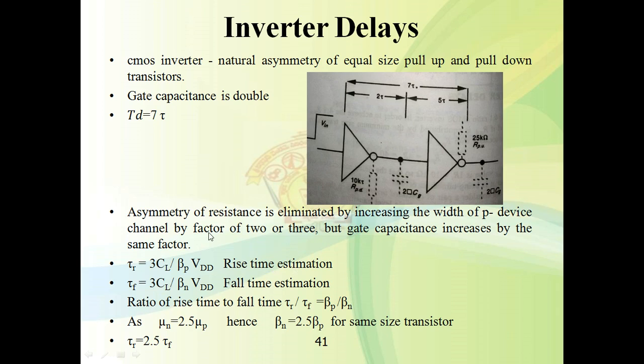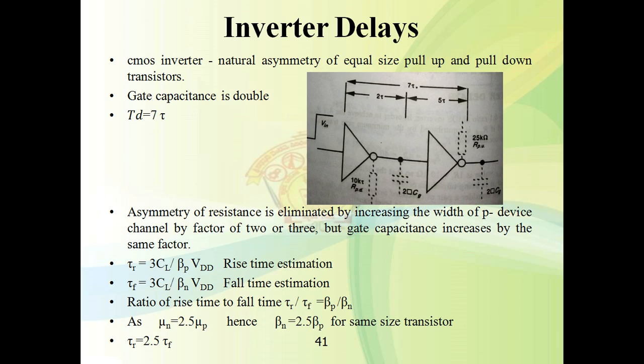So here the asymmetry is eliminated by increasing the width of the p-type device channel by a factor of 2.5 times, or 2 to 3 times. But as we increase the width, the gate capacitance increases by the same factor, and hence the delay is again going to increase.